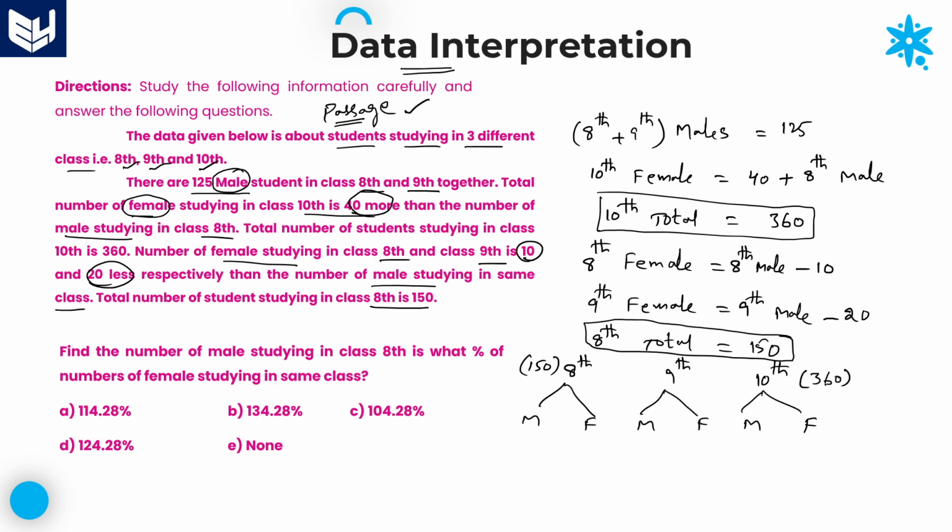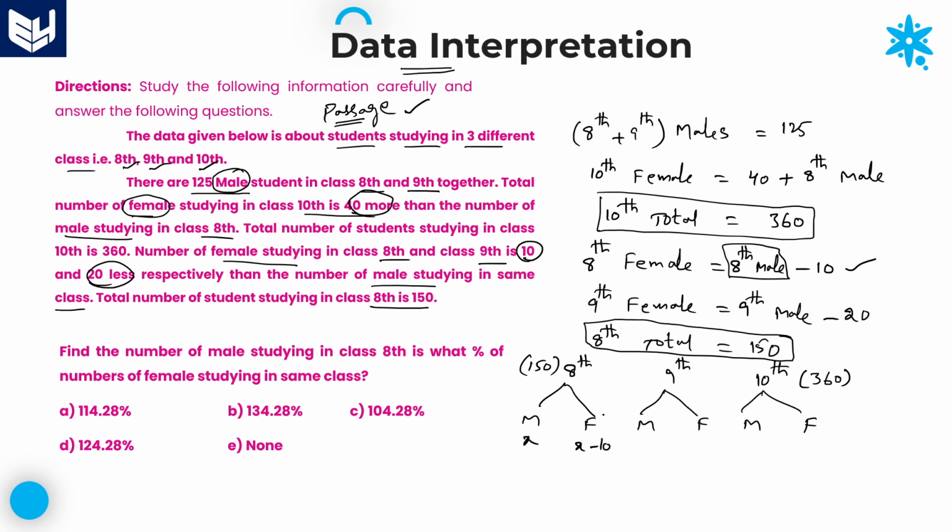Now let us consider that the number of males in class 8 is equal to x. Then automatically the number of females in class 8 is the number of males in that class, x, which we already considered, minus 10.